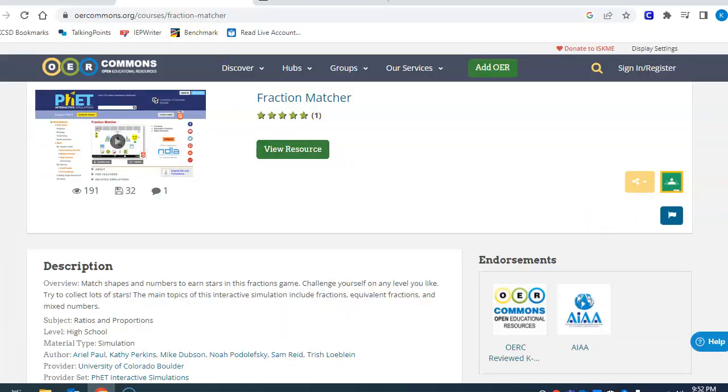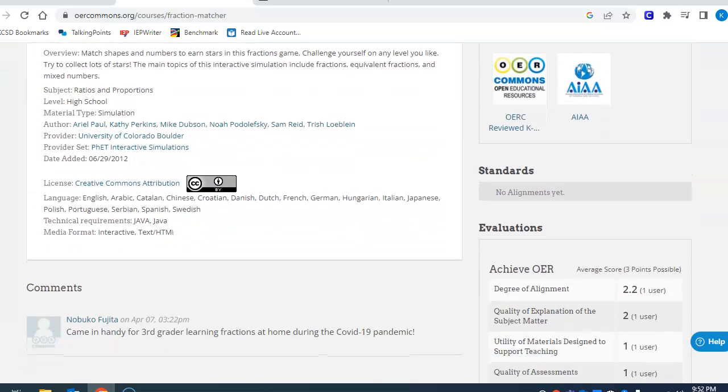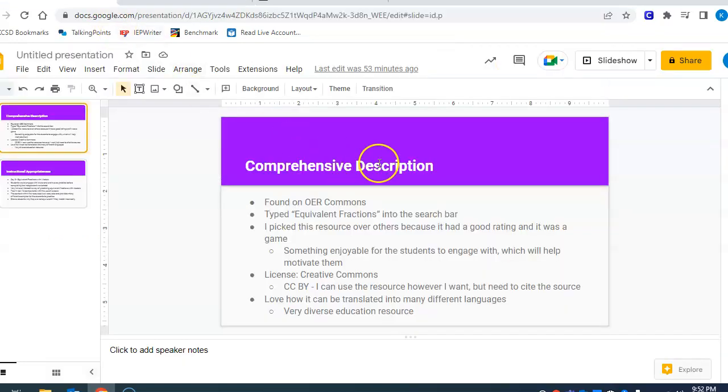And the license company for this resource was Creative Commons Attribution, and as you can see, it's licensed as a CC BY, which means you can use the resource however you want, but it does need to be cited, so we know where we got the source from.